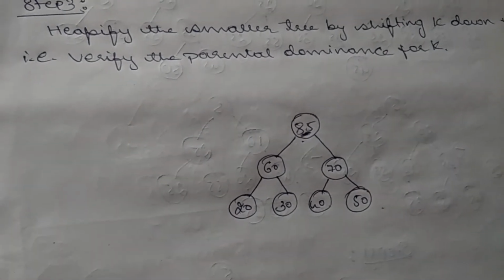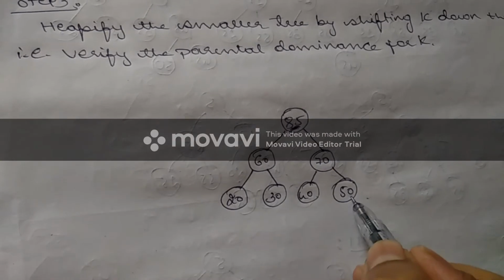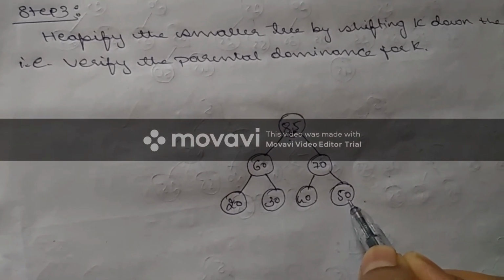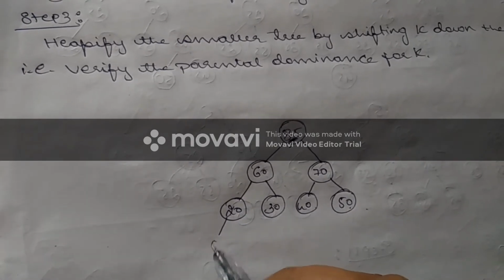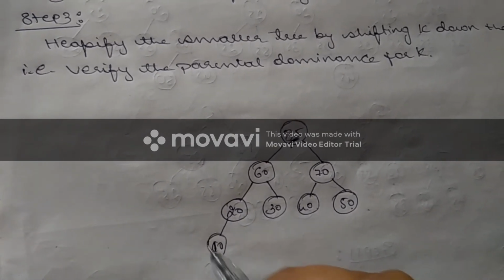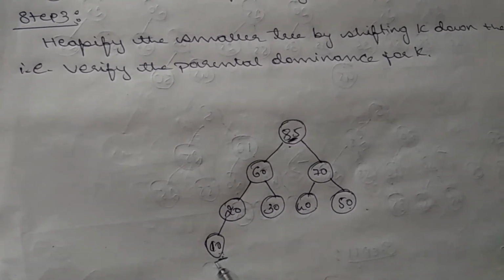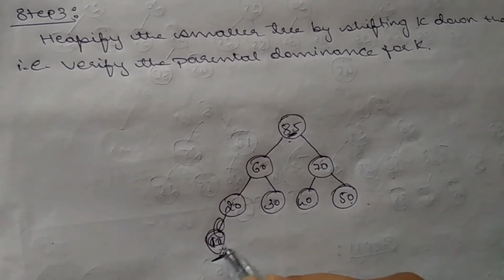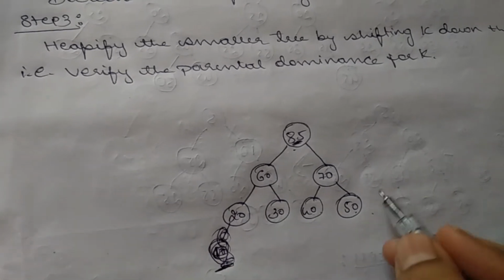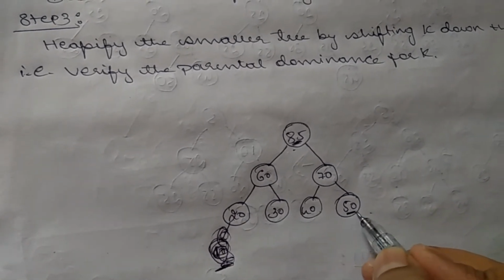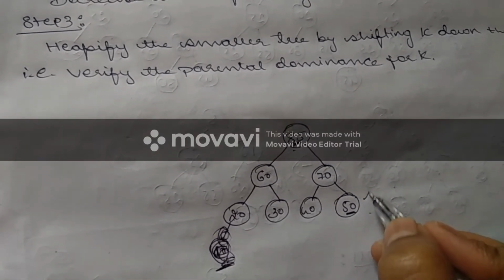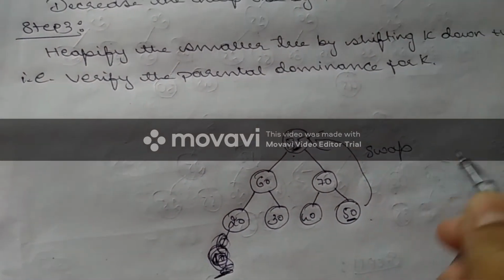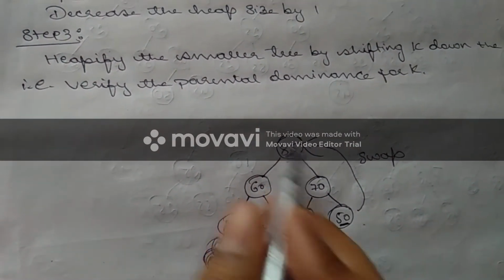Always remember the rightmost key is the last key in your tree. For example, if I have one more key over here, then that would be the last key. If this is not present, then the rightmost key is the last key. This 50 is the last key. So what you have to do is swap: interchange 85 and 50.